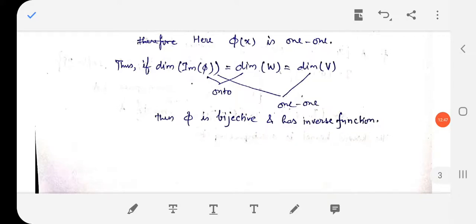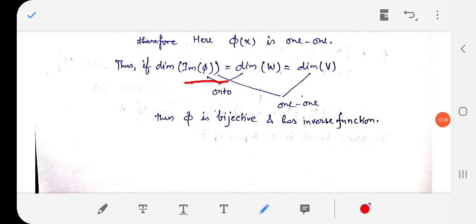So we can notice that for the image of phi, if the dimension is equal to the dimension of W, which essentially means that the image of phi and W are the same, that becomes an onto function.